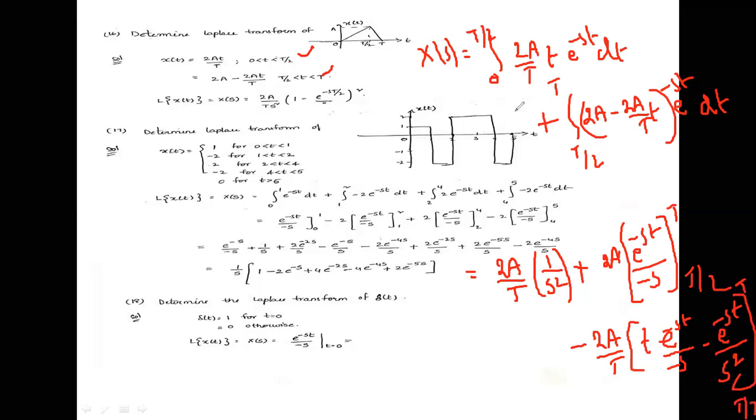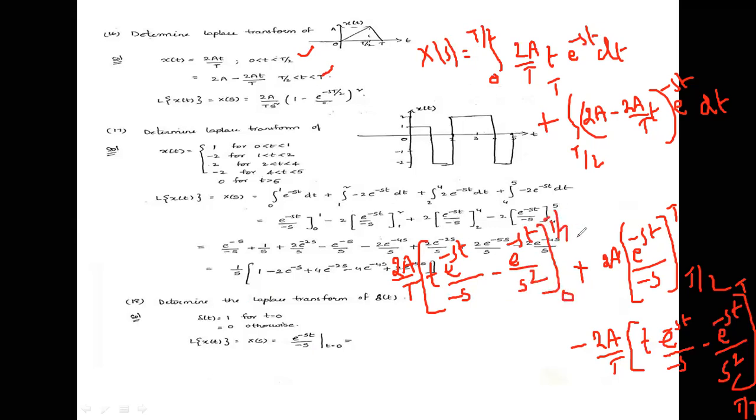And for this also, you can write it as 2a by t. Here also you can apply the by parts limits: t into e power minus st by minus s, minus e power minus st by s square, with the limitations of t by 2.